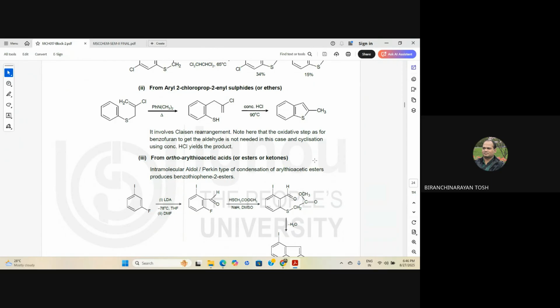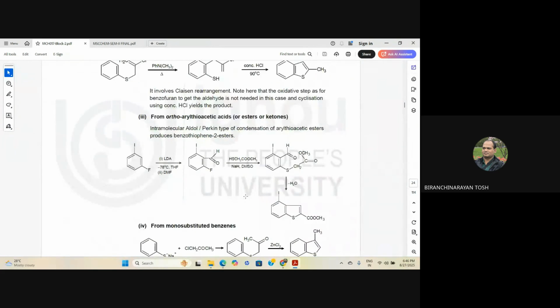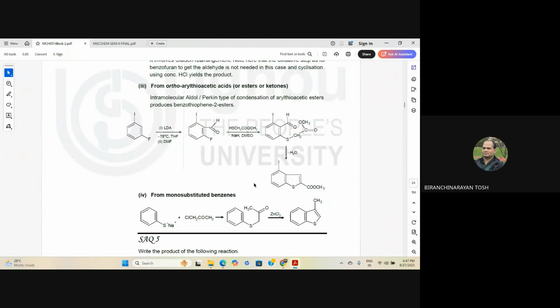Then from ortho aryl thioacetic acid, esters or ketones, intramolecular aldol or Perkin type condensation takes place, producing the benzothiophene.